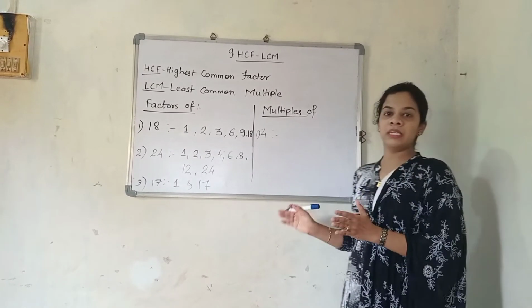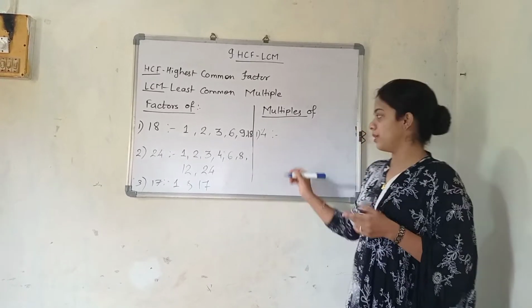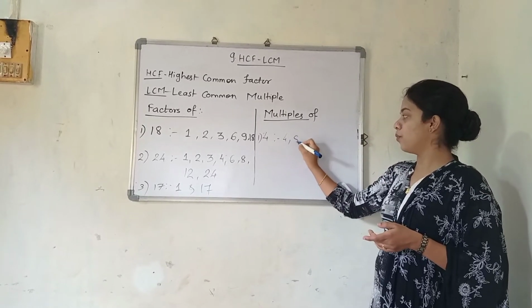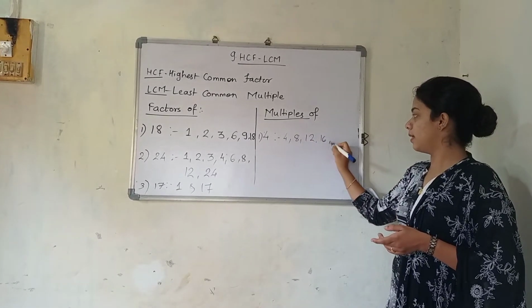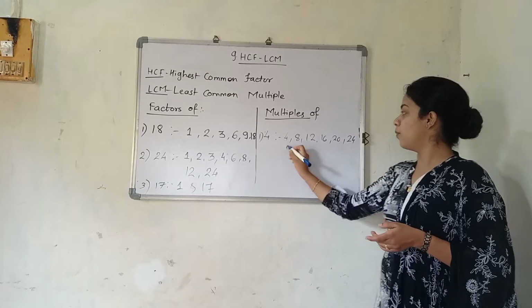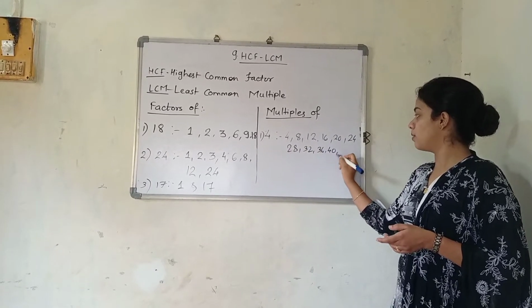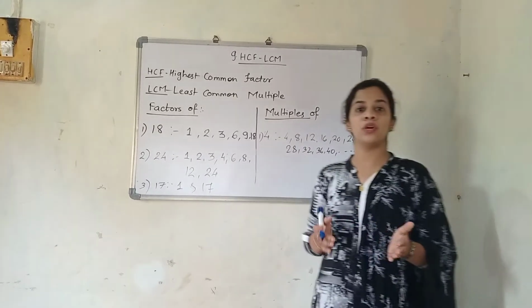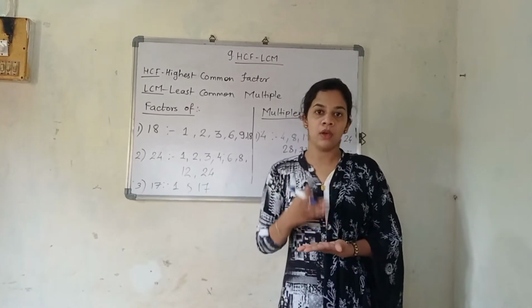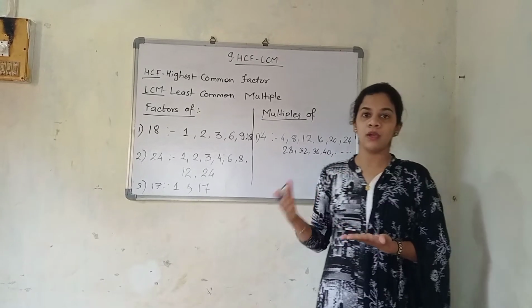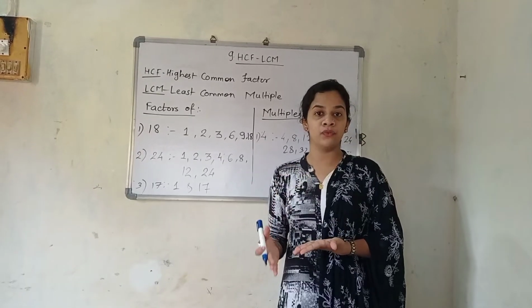If you want to write multiples, just go on saying the table of it. For example, 4's table is 4, 8, 12, 16, 20, 24, 28, 32, 36, 40 and so on. Why so on? Because you do not know what the end of it is. So multiples are unending, they are not finite, they are infinite.